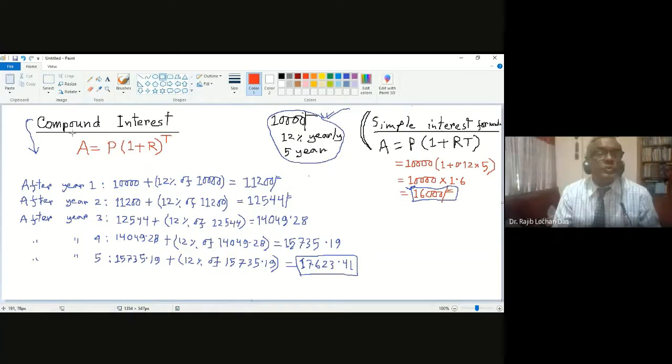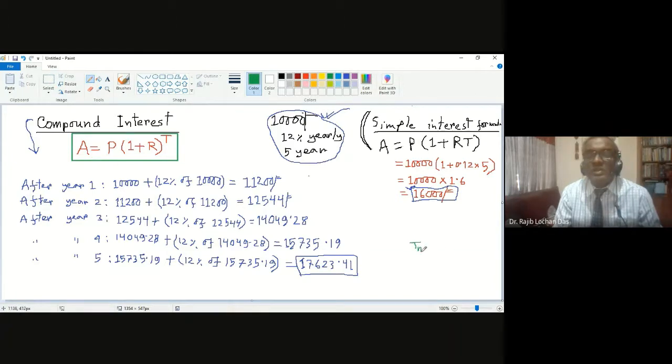Yes, sir. So now memorize this, and do you find any connection with the GP?